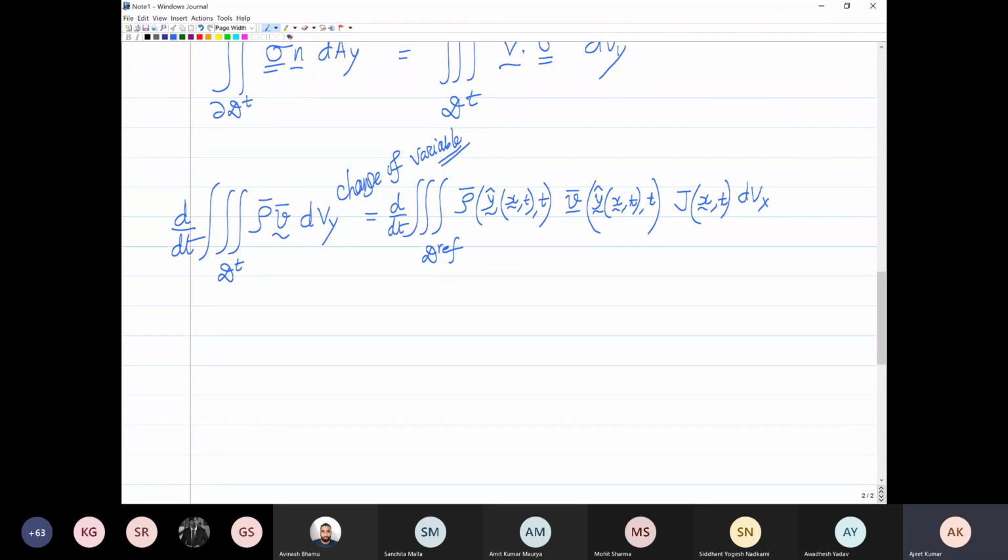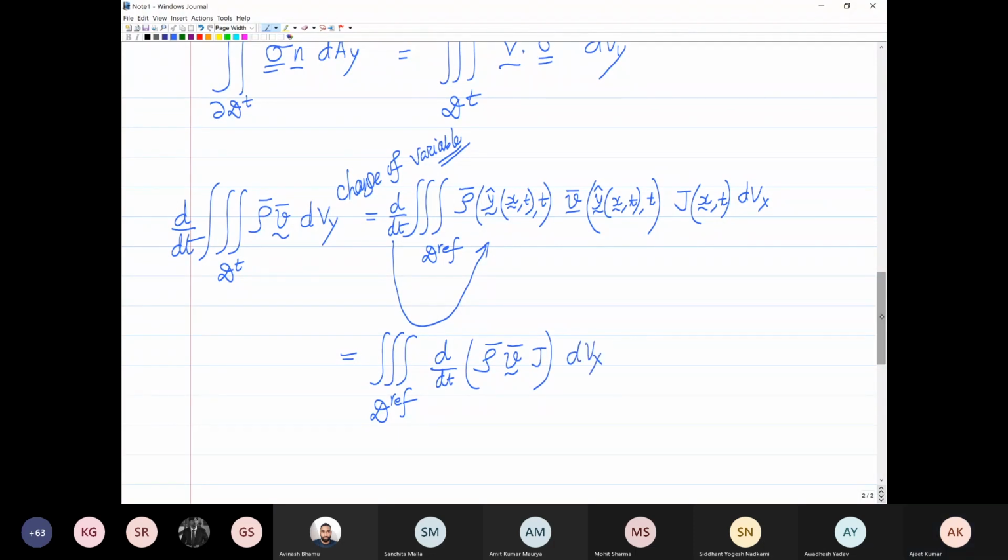Okay, is everybody with me till now? And you can see that now the domain is not a function of time, so you can very simply bring it inside. Okay, so this then becomes integral over D ref, d dt of this whole thing, rho v j dvx.